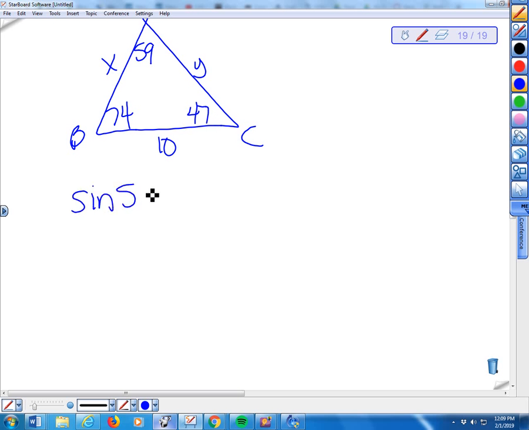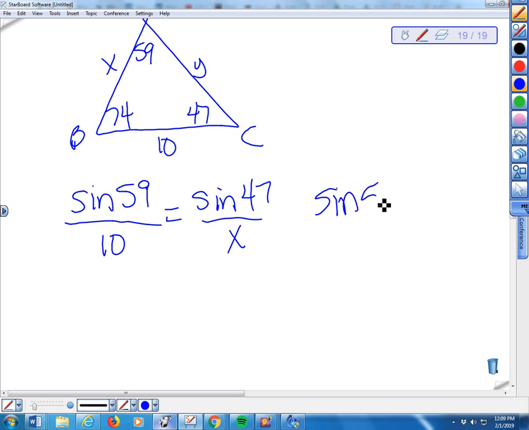Sine of 59 over 10 equals sine of 47 over x, and sine of 59 over 10 equals sine of 74 over the other side.